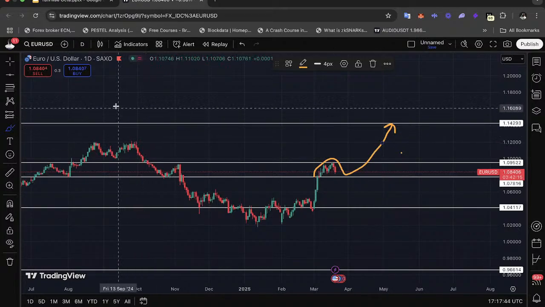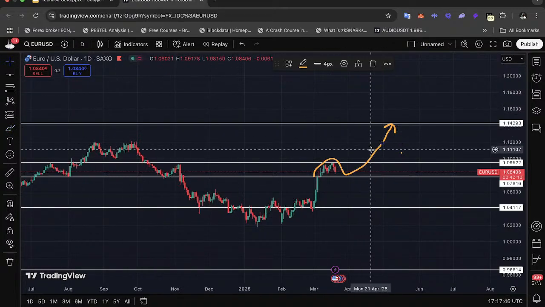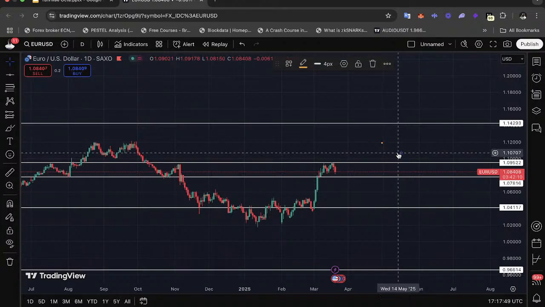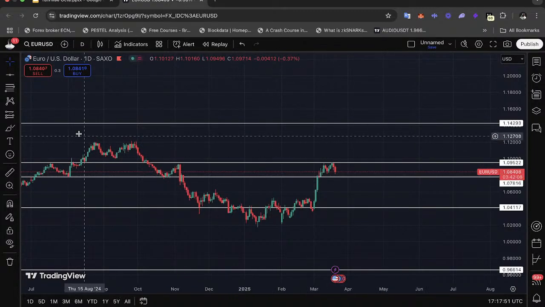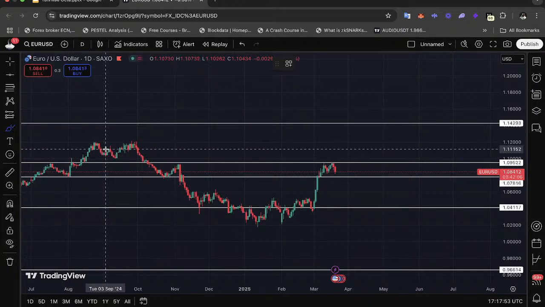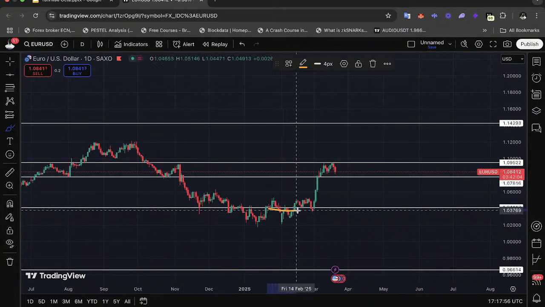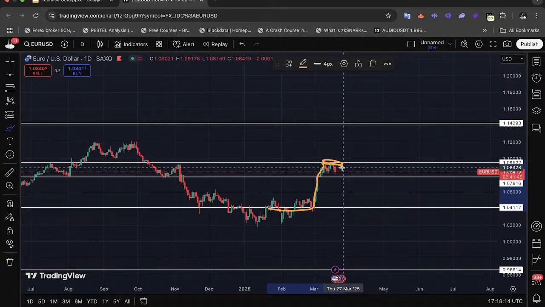So let me briefly explain this part again. Now you can see how price pushed up from this level up until this level, right? And it broke out. Of course it was met with a minor resistance level here, which gave the room for a slight pullback.